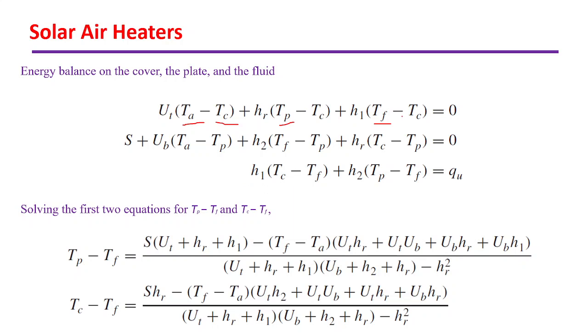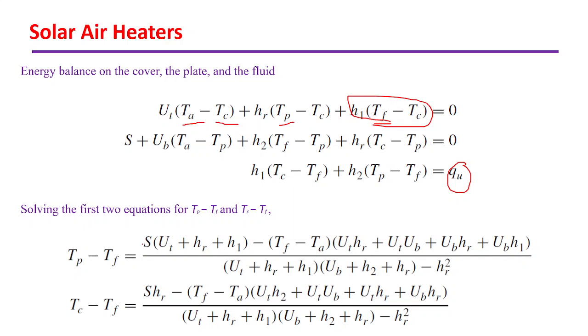Now there are three unknowns, Tf, Tc and Tp: the energy difference between the fluid and the collector, the energy difference between the absorber plate and the collector, and the third is the energy difference between the absorber plate and the fluid, and the useful energy gain. To calculate these factors, we have to solve these three equations algebraically.